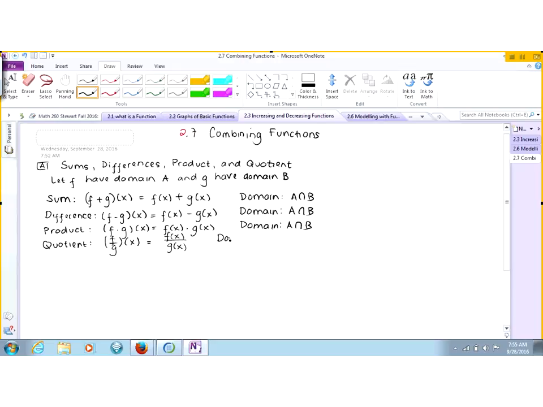It's also A intersection B, but G cannot equal 0. So X in A intersection B such that G of X is not equal to 0. So the denominator cannot equal 0. Are we okay so far?